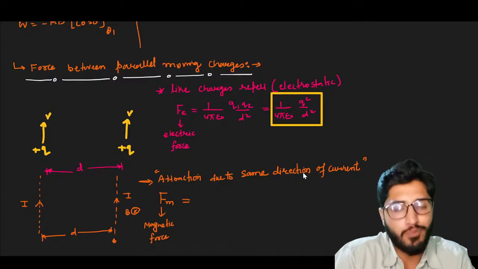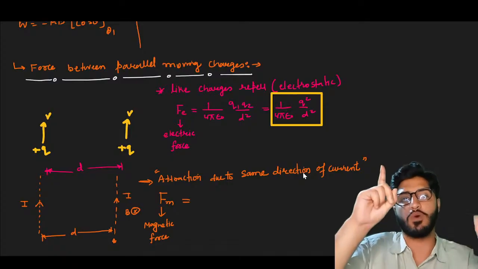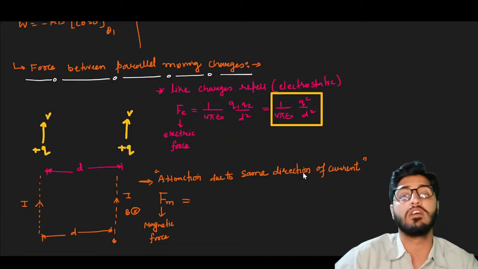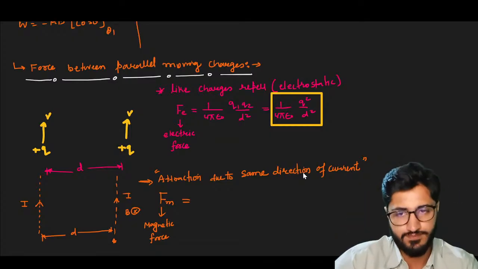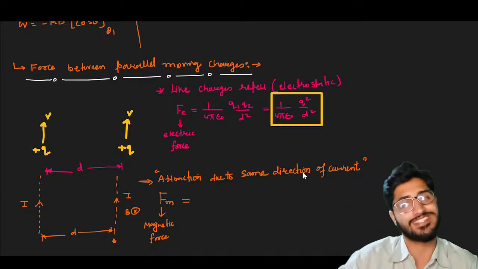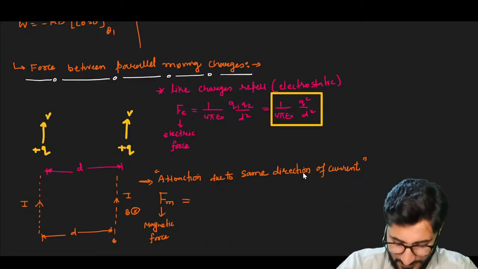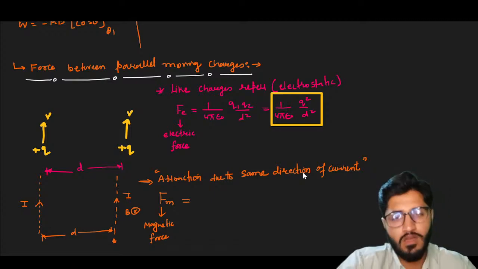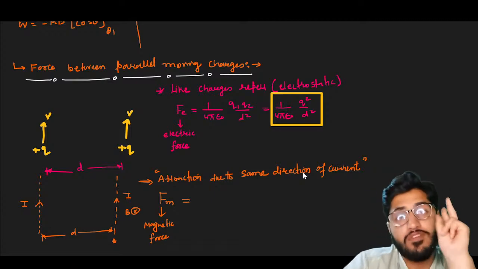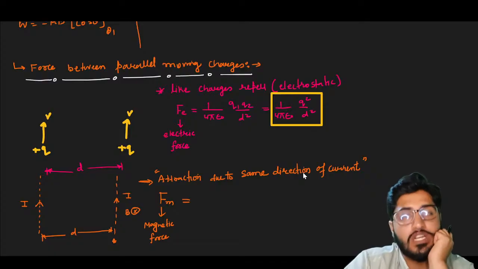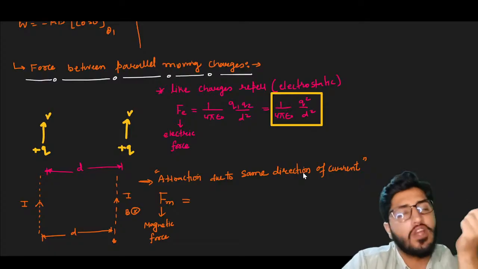If both are in opposite direction, that means if one is going upwards, one is going downwards, there will be a repulsion. Okay, and this case also we discussed in back classes. So what is Fm? We're having two formulas to conclude it. Is it qv cross B or IL cross B?